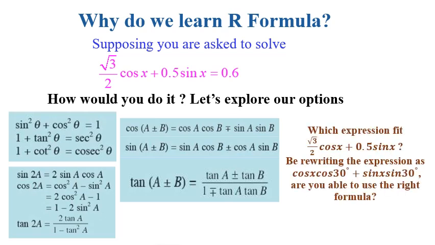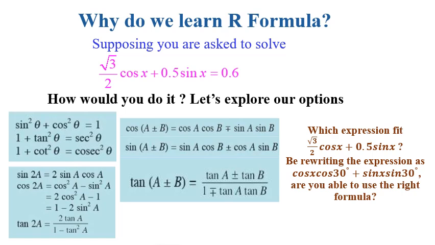Yes. If you were to recall that cosine 30 is actually square root 3 over 2, we can replace square root 3 over 2 with cosine 30. And we can replace 0.5 with sine 30.